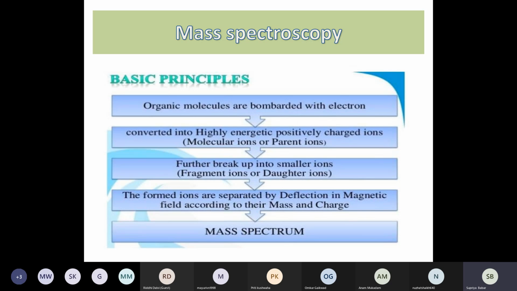Then the molecule is converted into highly energetic positively charged ions, called molecular ions or parent ions. Then it further breaks into smaller ions, the fragment ions or daughter ions. These ions formed then get separated by deflection in the magnetic field according to their mass and charge, and you will get the mass spectrum, that is the graph.